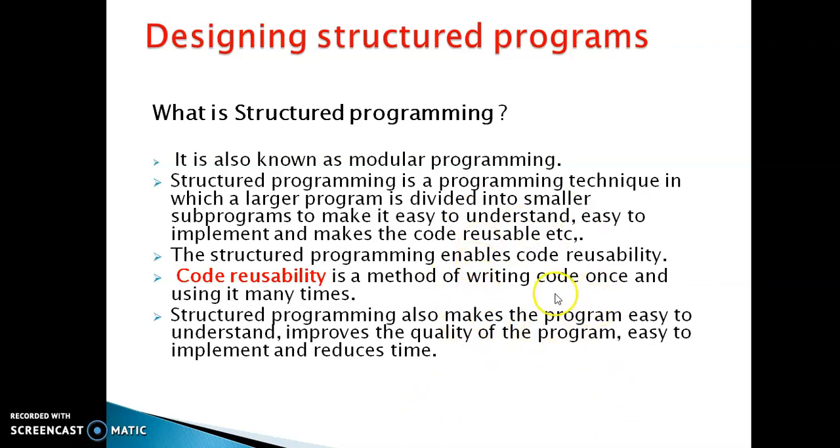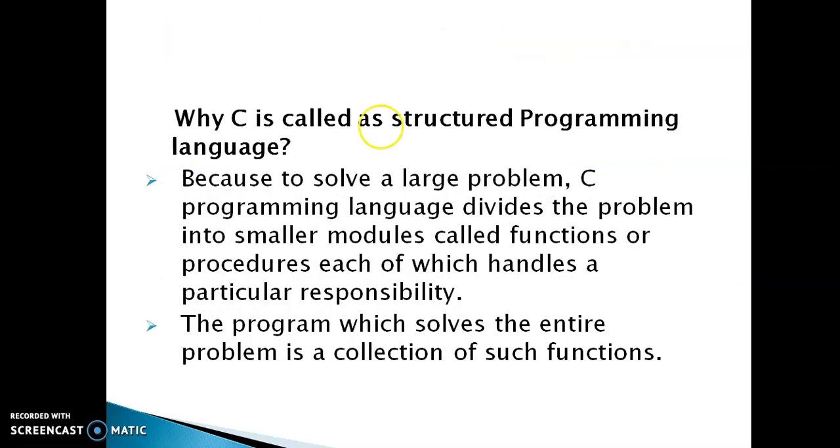It is a method of writing code once and using it many times. All these things are possible in a structured programming language. Since C is a structured programming language, we can implement all these advantages in C programs.